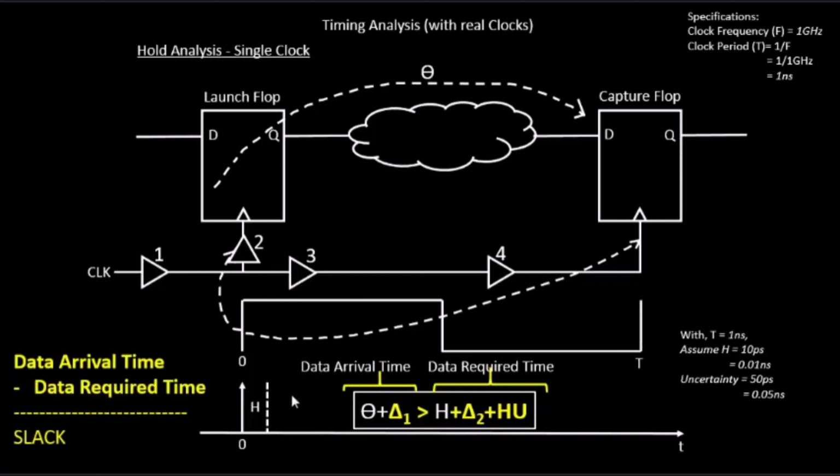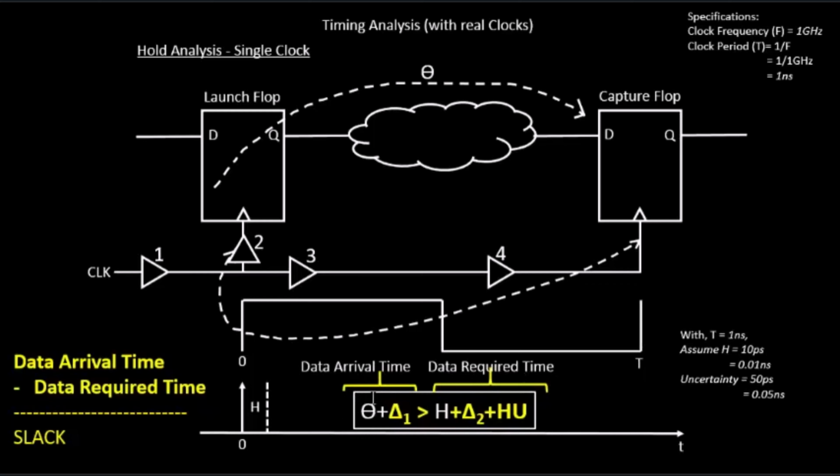So slack will be data arrival time minus data required time, because in this case we expect the data arrival time to be greater than the data required time. This is in contrast with the setup timing analysis, where the data required time was expected to be greater than the data arrival time, or the other way around, the data arrival time was supposed to be less than the data required time.